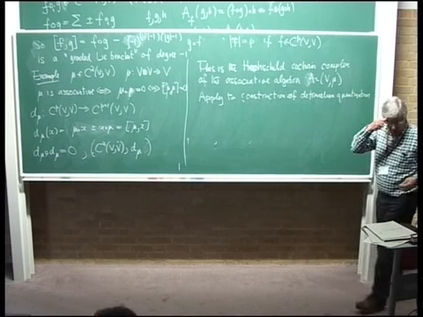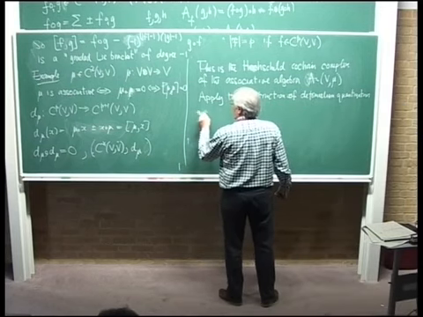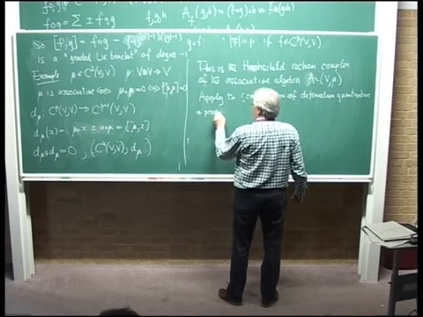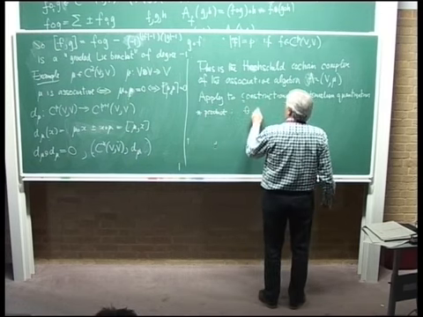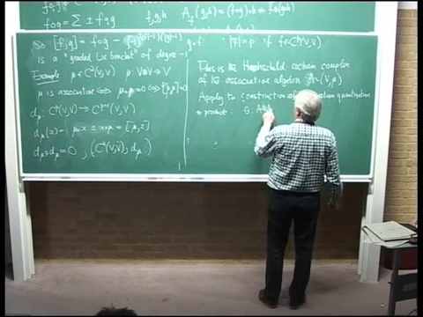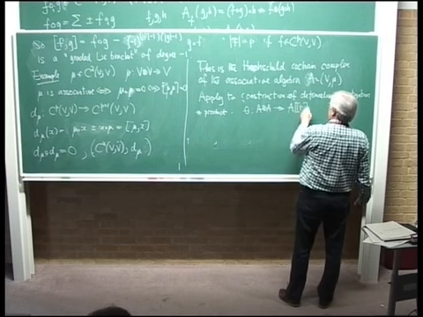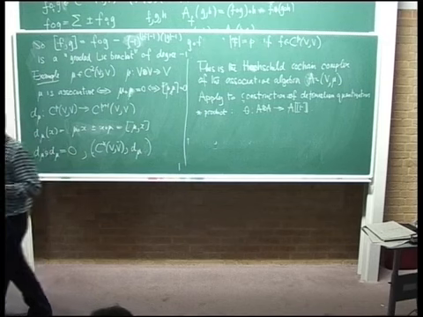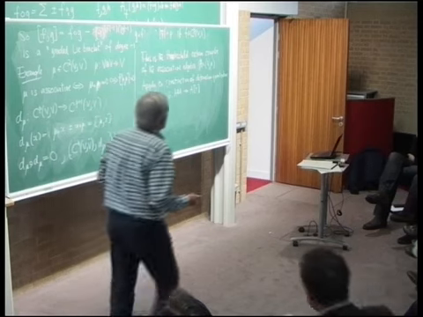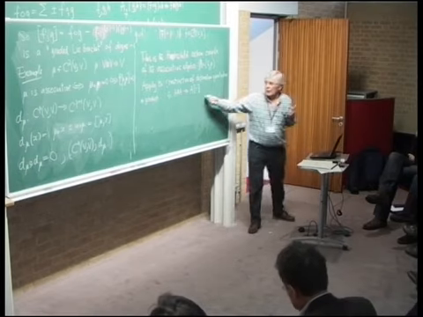Our star product is uniquely determined by a map which I'll call theta from A tensor A into A power series in t. It's that point at the beginning that since the star product is bilinear over the formal power series ring, it's uniquely determined by this theta.